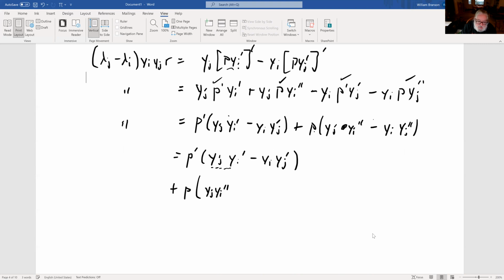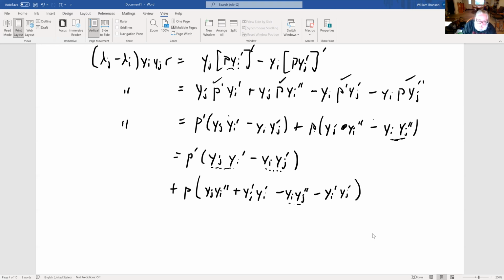Now, if we differentiate this according to the product rule, we should also get a yj prime, yi prime. And then we have this minus yi, yj double prime. That's this term here. But if we differentiate this according to the product rule, we should get not only this term, but we should also have minus yi prime, yj prime.